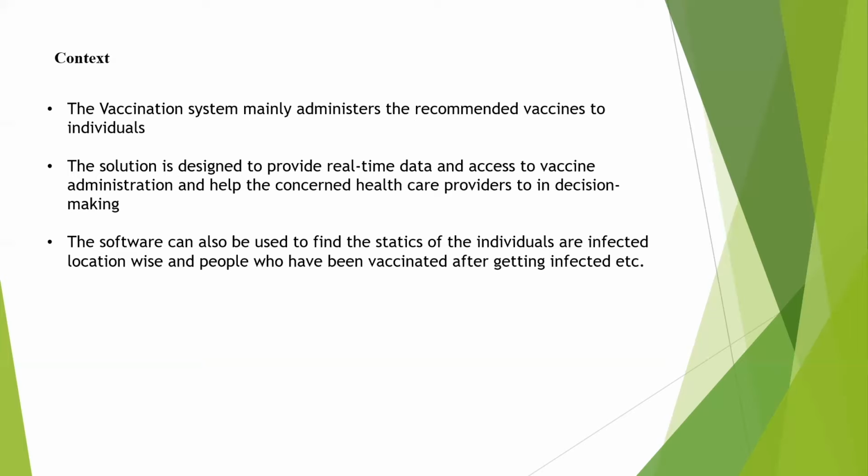So where are these vaccinations being administered? That is mainly the address of the facilities, the infection history of an individual, and which of the 2 variants; for this project, I've considered the Delta and the Omicron variants.